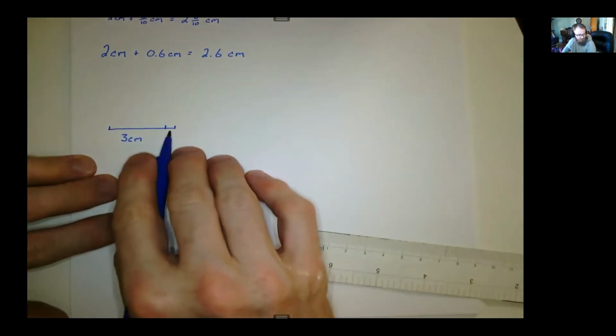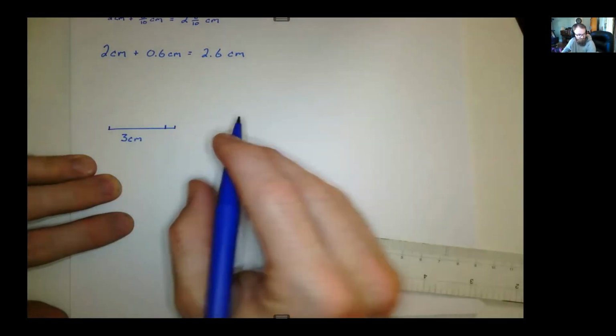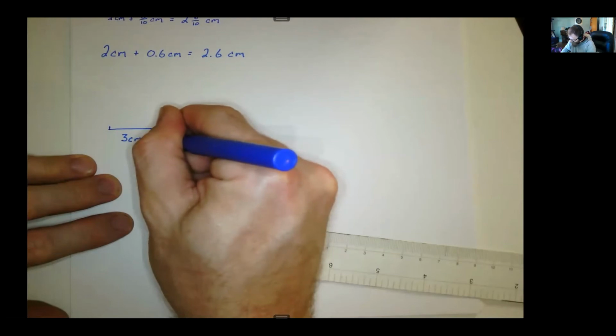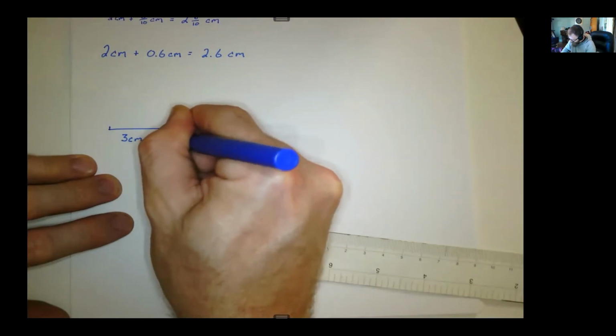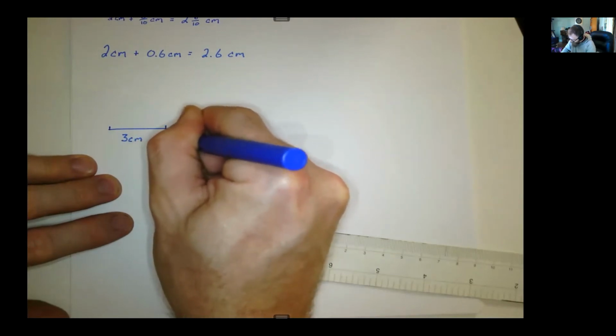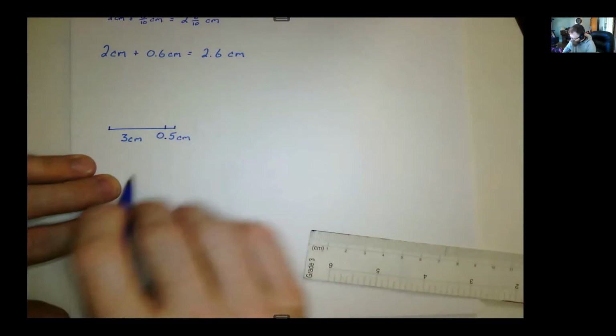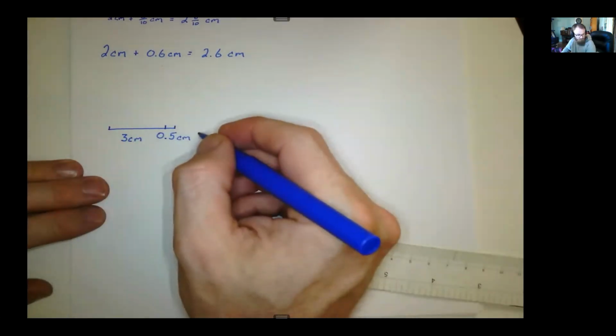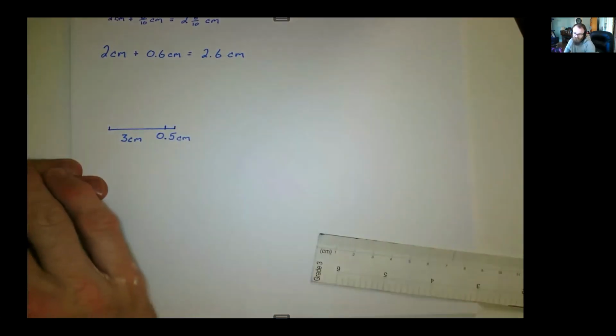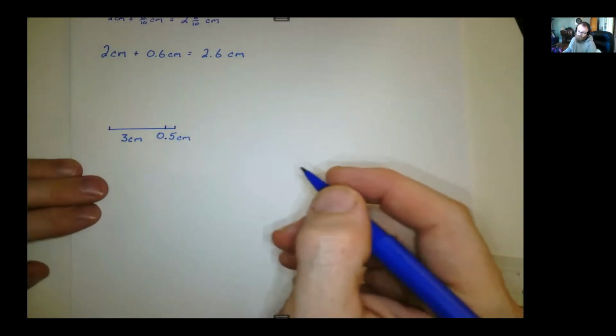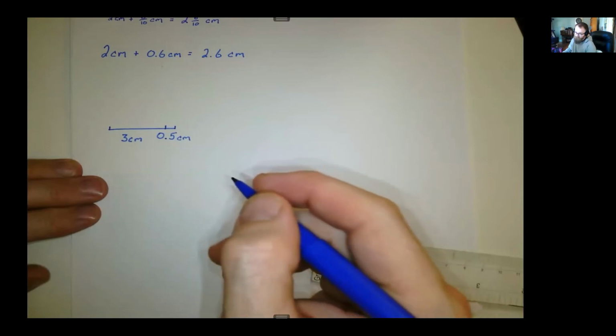And this value that's shown here is 5/10 of a centimeter. That can be represented with a fraction or a decimal. 5/10 of a centimeter. What this diagram really shows us is just like a tape diagram. It shows us that 3 centimeters plus 5/10 of a centimeter equals 3 and 5/10 centimeters.